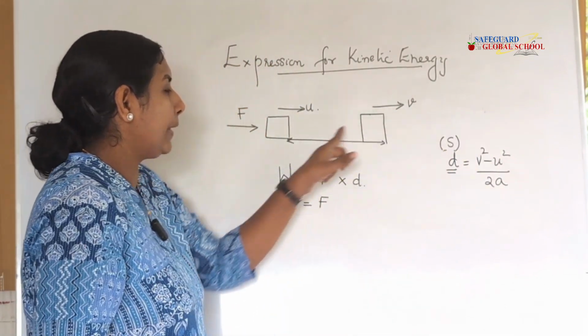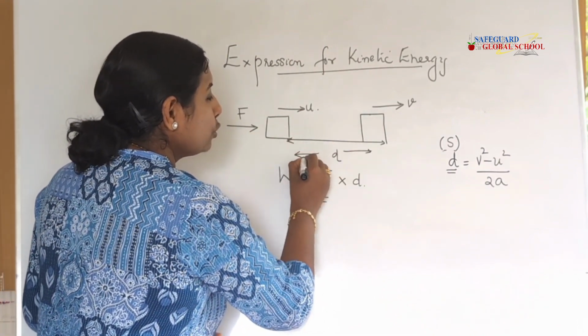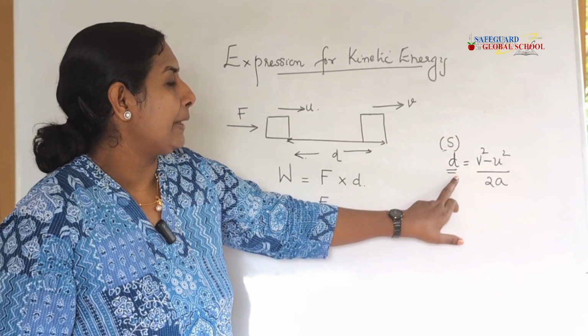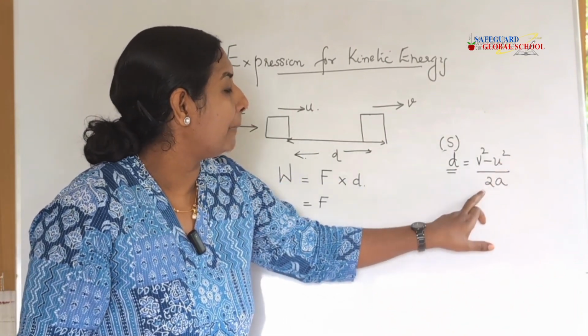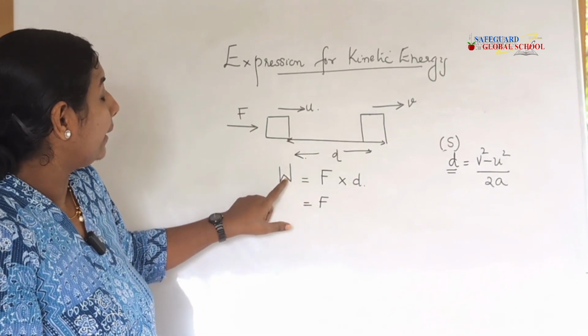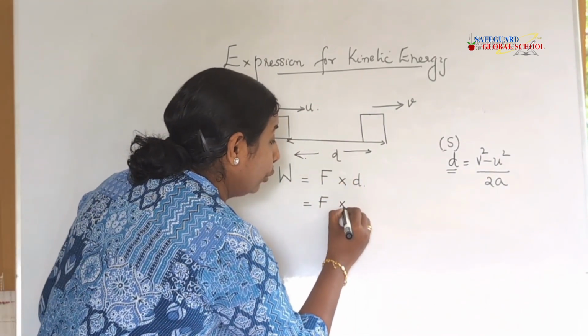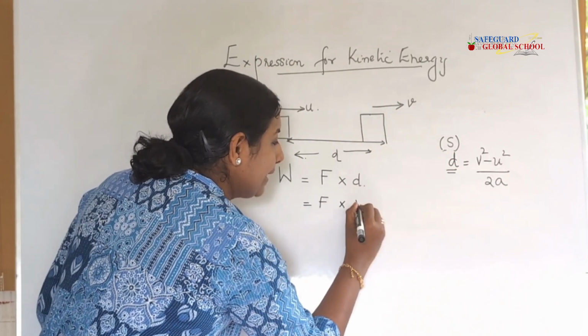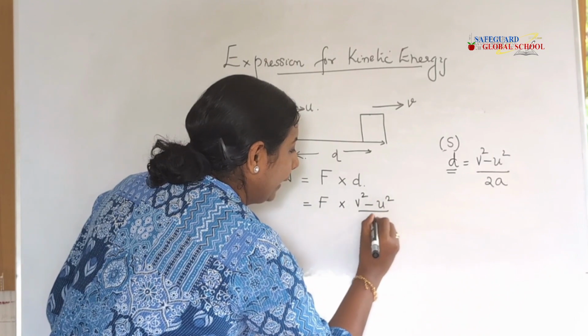Here the same displacement is marked as d. So the work done is F into D, that is F into (v square minus u square) by 2a.